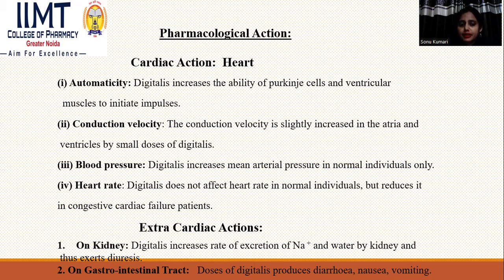Third is blood pressure. Digitalis increases the mean arterial pressure in the normal individual only. Fourth is heart rate. Digitalis does not affect the heart rate in the normal individual but reduces it in congestive cardiac failure patients.